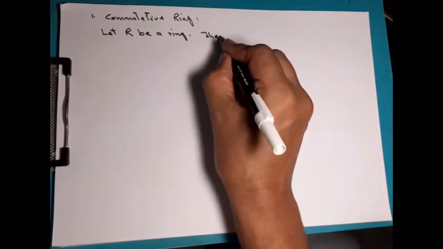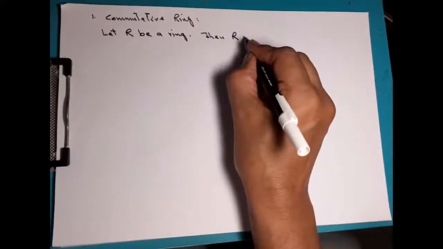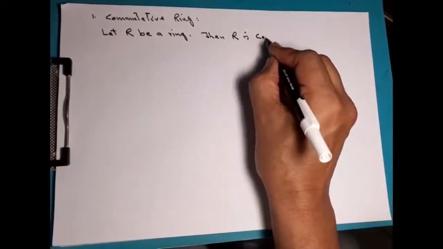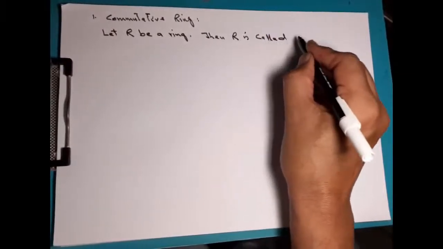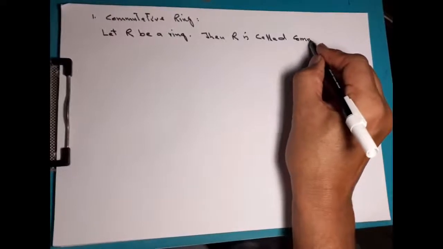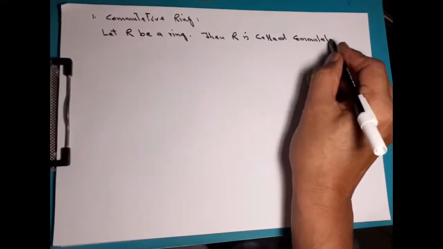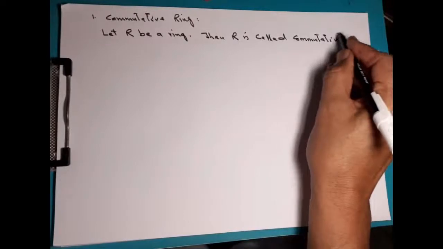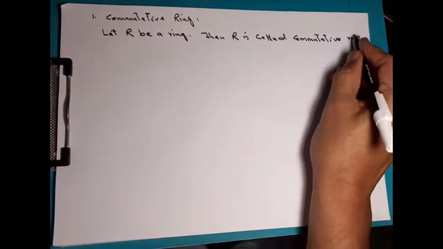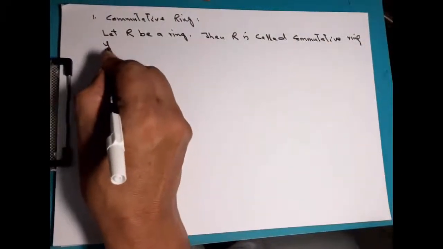Then R is called a commutative ring if multiplication is commutative. Note that in the definition of ring we have required that addition is commutative, but on multiplication there is no such condition.